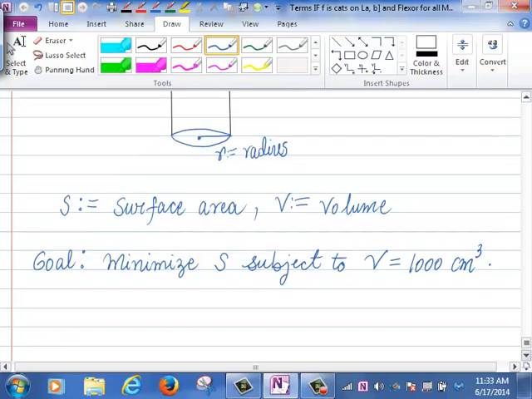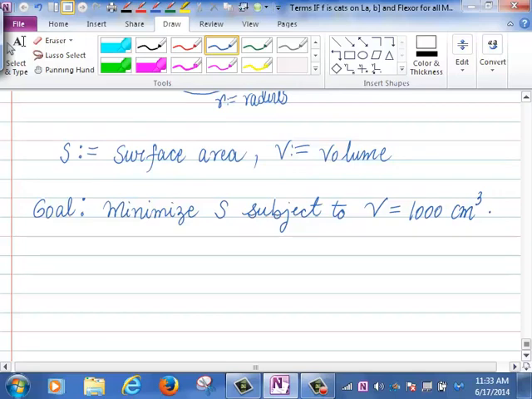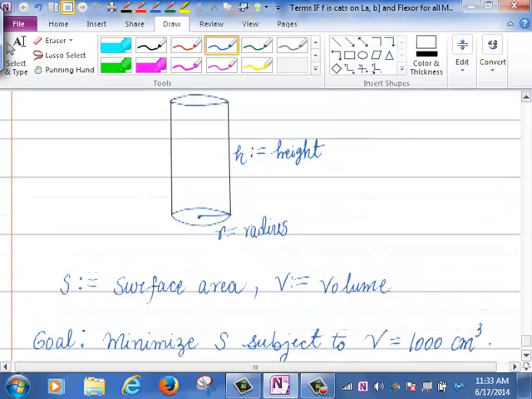So I need to express the surface area as a function of the dimensions, okay? Because the question is, how do I pick the dimensions so that the surface area is minimum possible? So what is the surface area in terms of the dimensions? Well, first of all, what are the areas of the top and bottom?